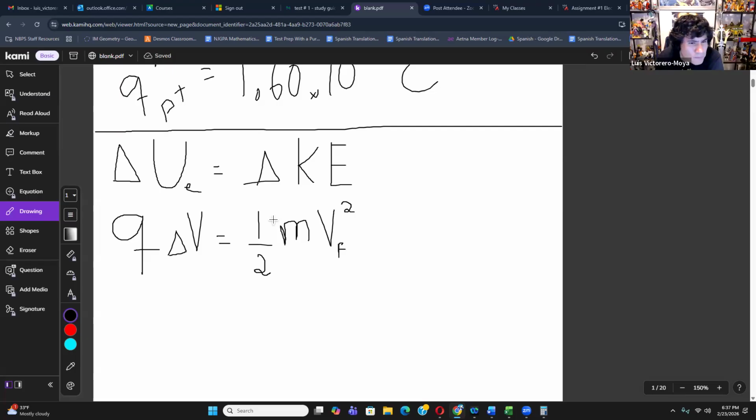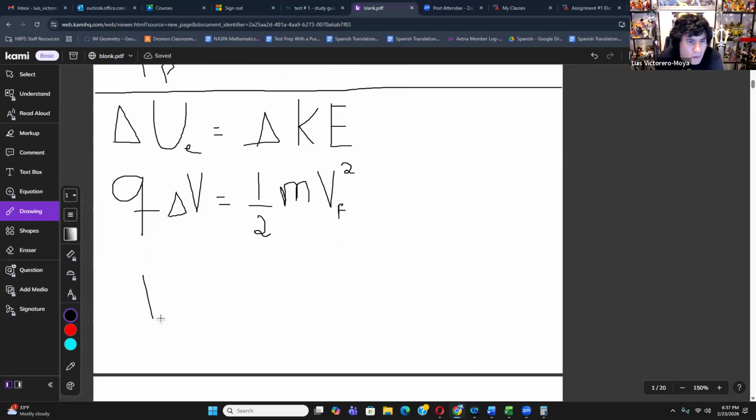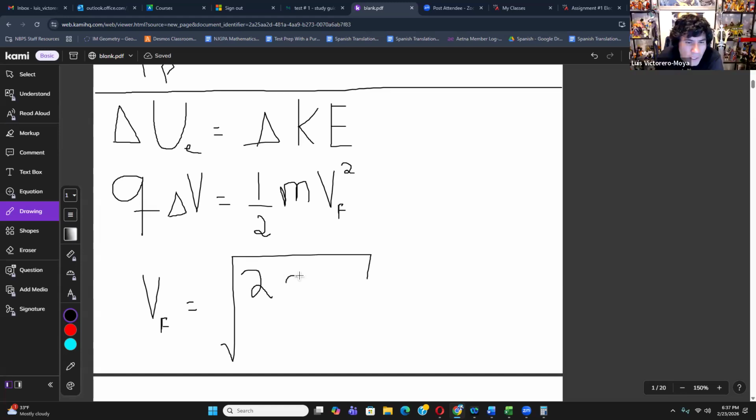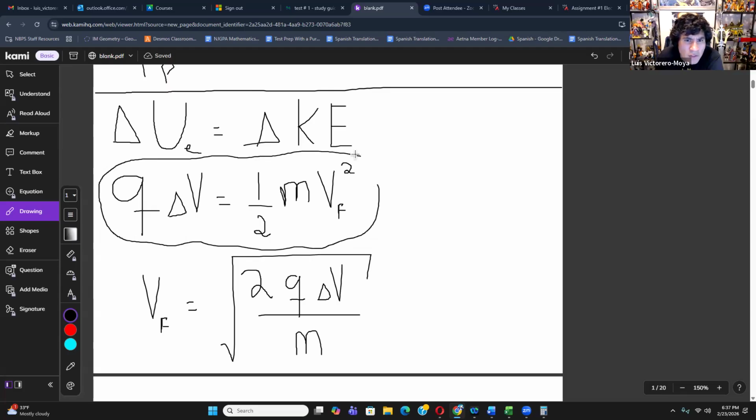So anybody want an answer? I'm honestly confused. What do we have to do over here? It's 1.95 times 10 to the 6. Yeah, there you are. That basically is what you have to do. The electric potential energy equals the kinetic energy. If you solve for V final, it is the square root of 2 times Q times the electric potential divided by the mass.